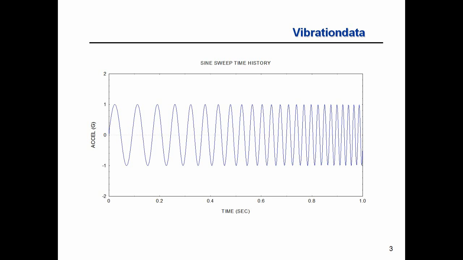And that would typically be the case if there was two modal frequencies that were closely spaced with one another in terms of frequency. And as the sine sweep passes nearby, maybe two modes would be excited in varying degrees. But for many structures, the natural frequencies might be well separated by an octave or so. In that case, typically there might only be one response frequency of interest at a given time.